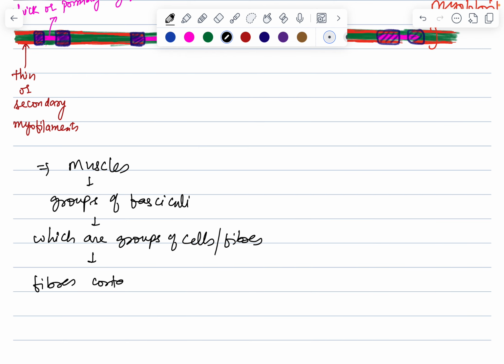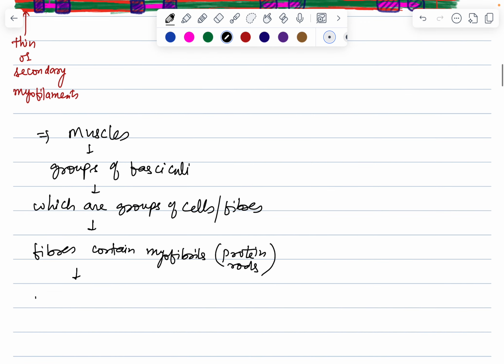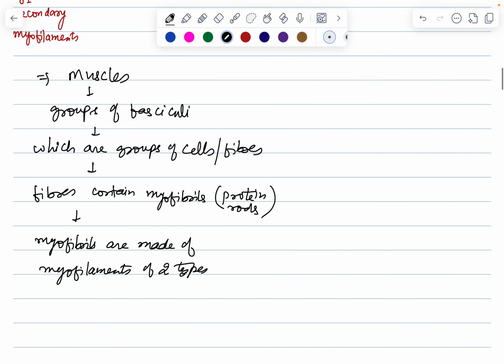The fibers contain myofibrils, elongated protein rods inside the fiber, and the myofibrils are made up of myofilaments of two types, the thin and thick.